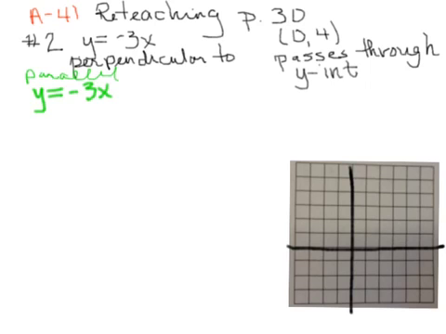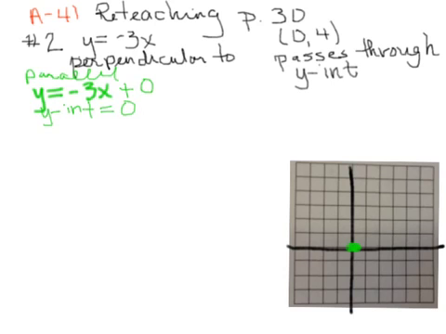So our equation is y is equal to negative 3x, and I'm going to write that as y is equal to negative 3x plus, now I am going to write this as negative 3x plus 0. Therefore, my y-intercept here is equal to 0. So over here at 0, I'm going to put a big green dot, and there's the first point on my line.